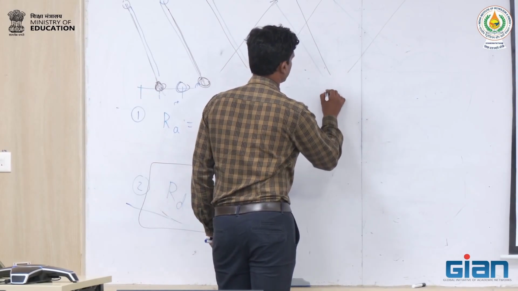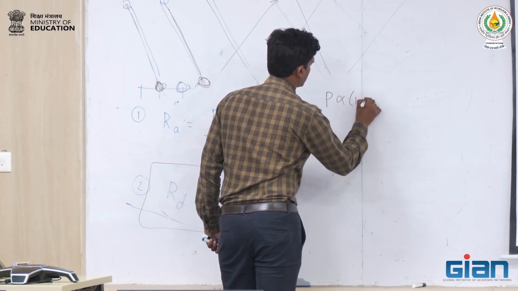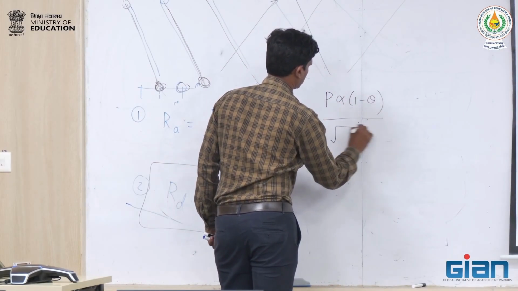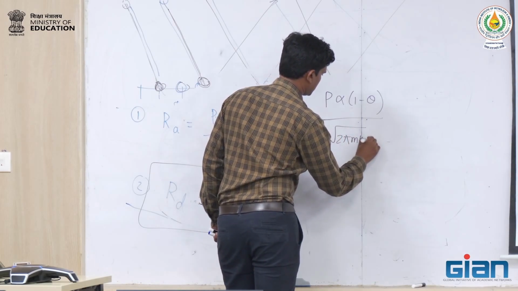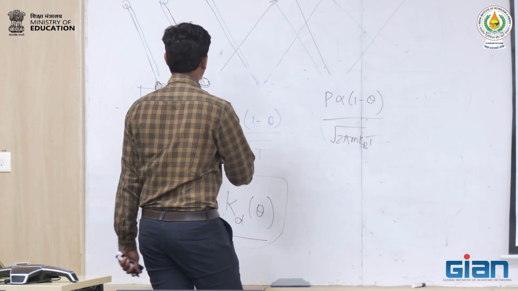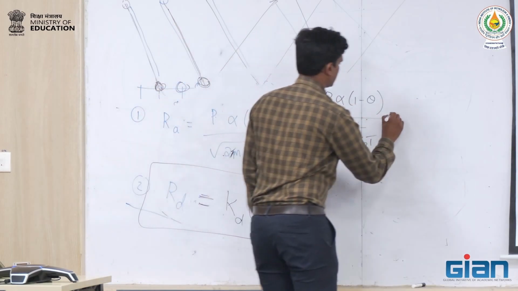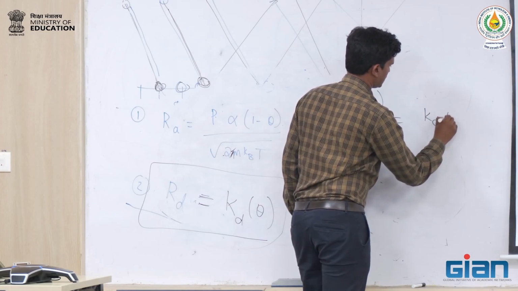So this is the rate of adsorption, k_B T, and k_d theta. Pi is missing all the time, okay.